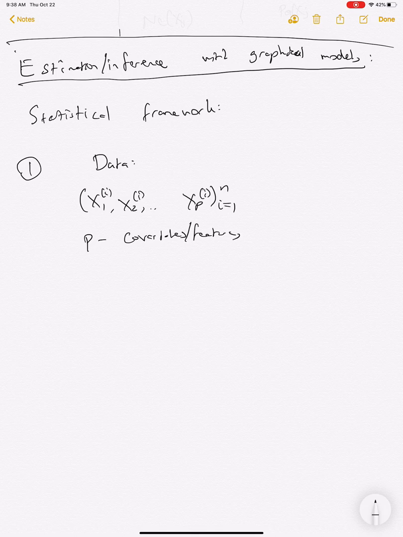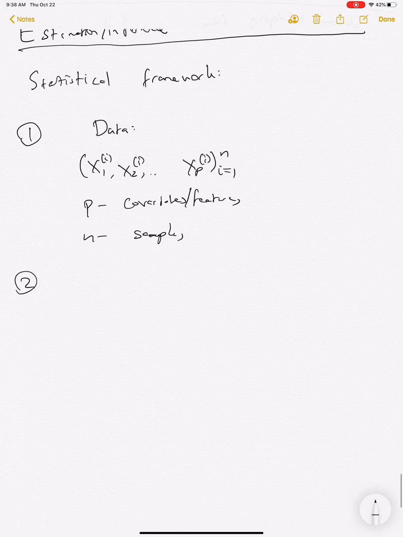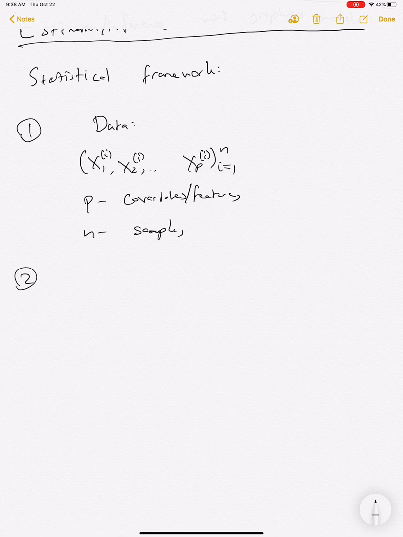There's no response here, and then n samples. And then we have our statistical model, which is the graphical model.